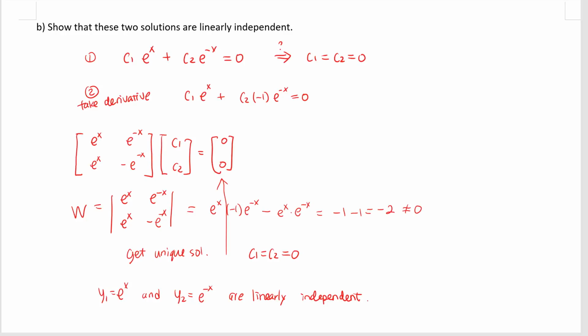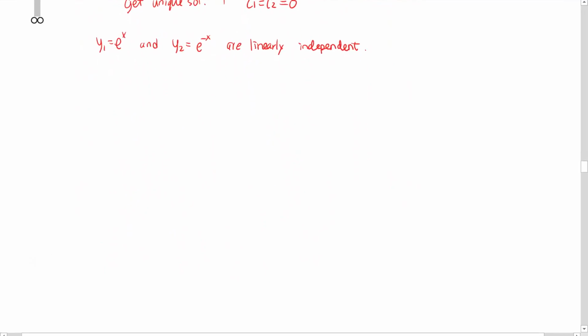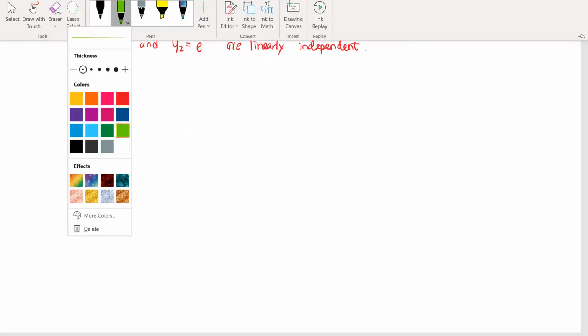There is another way to solve it. You consider that matrix and solve it by Gaussian elimination. So this is method 2. Method 1 is you can use the determinant.